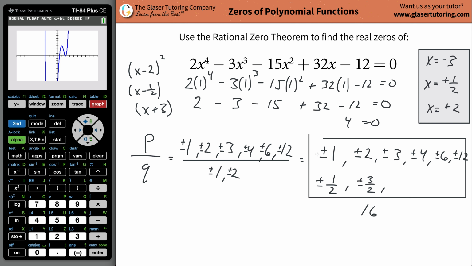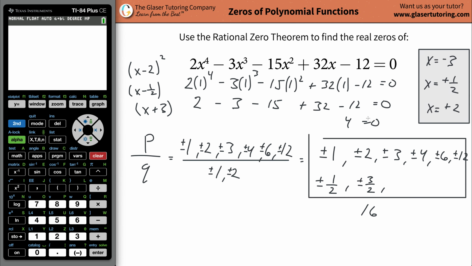All right, now what I'm going to do then, and this is the whole idea, is imagine we just plugged in -3. I chose that as my first value, which I had a chance of 1/16 to do. Then we should note that if I plug in a -3 here for x, this whole thing should equal 0. Let's double check. So go 2, open your parentheses, then type in -3, close them, and raise it to the 4th.